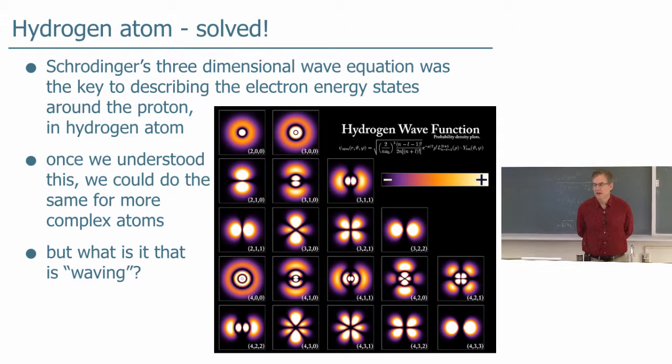Now, when we take that equation written down by Schrödinger, this three-dimensional wave equation, and solve it for the standing wave patterns of electrons orbiting a proton, this is what we see. When we draw these pictures, they're a little bit unsatisfying because they don't really show you the full three-dimensionality.